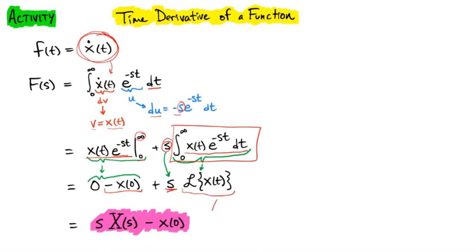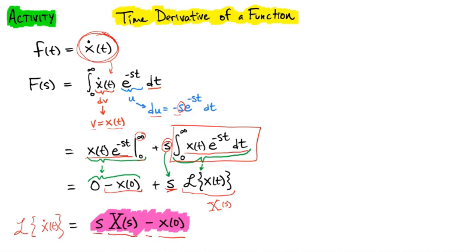And if we go ahead and call this capital X of s, because now it's a Laplace transform, a function of s, we can now write the Laplace transform of x dot of t is equal to s times the Laplace transform of x minus an initial condition.